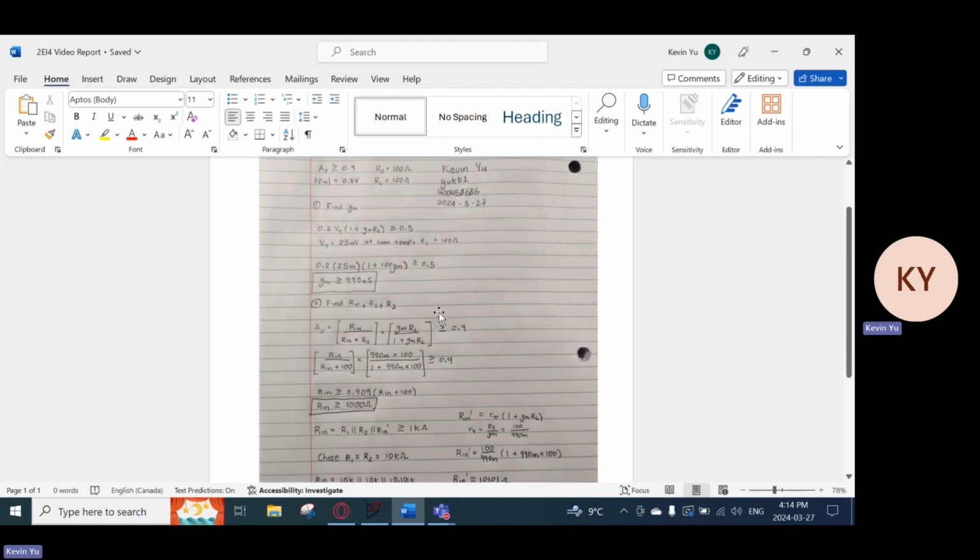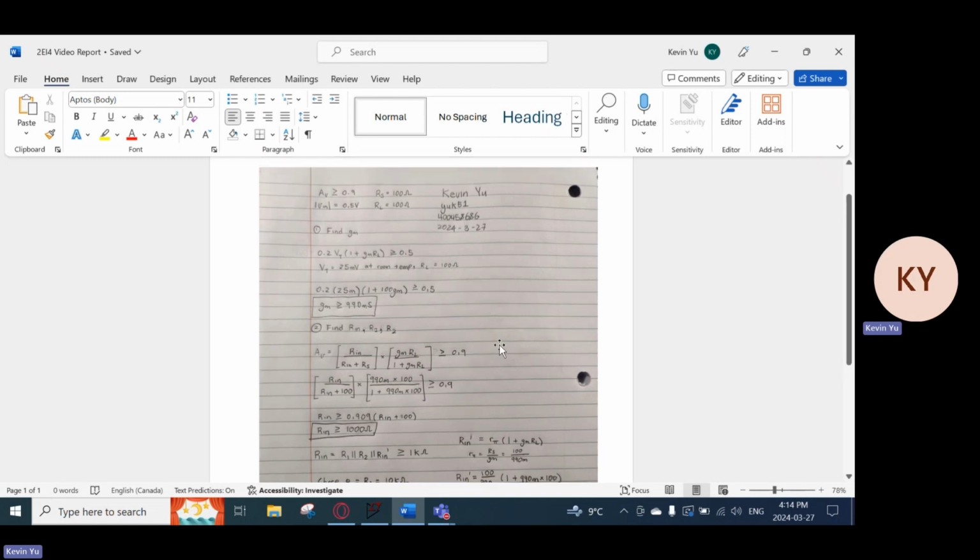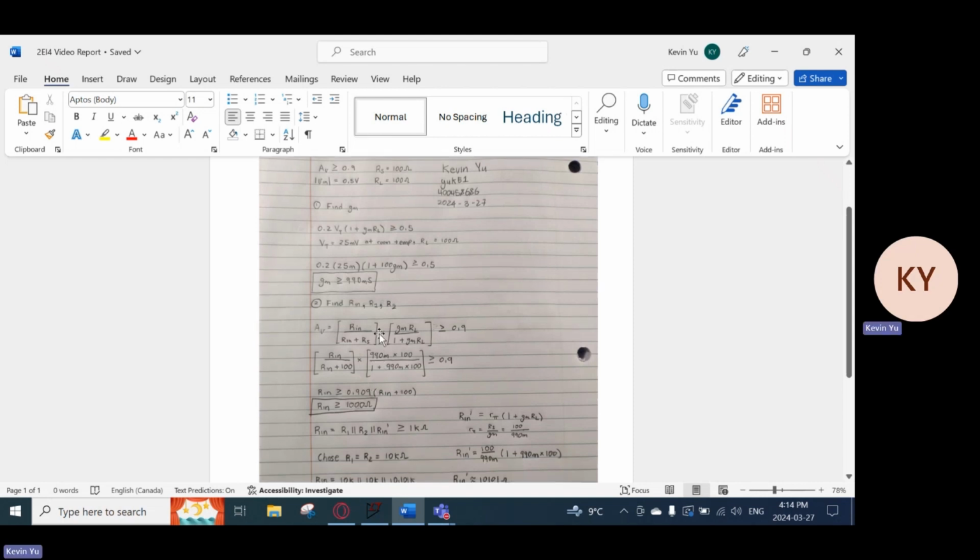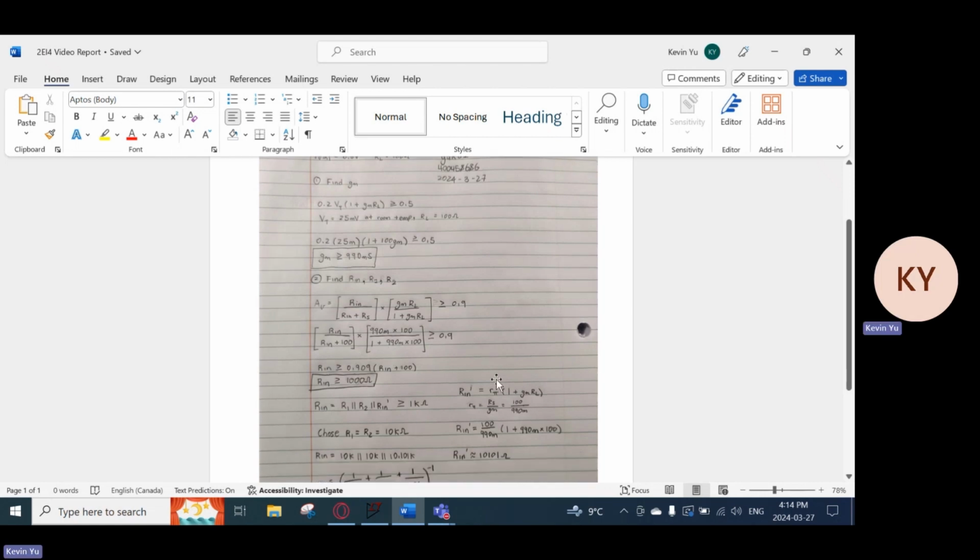Next, I had to find input resistance using this gain equation, and it also has to be bigger than 0.9. Since we know gm and we know RL, I solved for Rn as well, and it turns out that Rn is greater or equal to 1000 ohms.